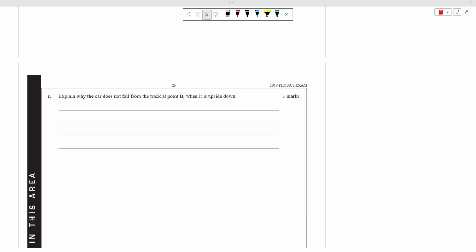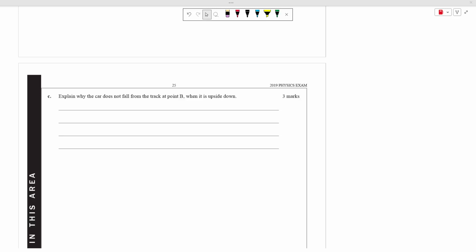So in order to travel around that part of the track at that speed, gravity is not enough to supply the entire centripetal force. So gravity alone is not enough to force it around in that circular path. It needs an extra push from somewhere, and that comes from the normal force that the track is applying on the car.